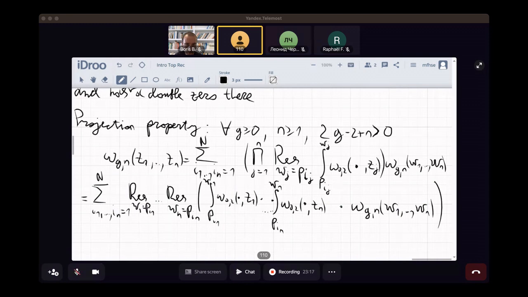So the point is that if you think about this, basically this condition holds for every omega gn which does not have any poles apart from pi's.